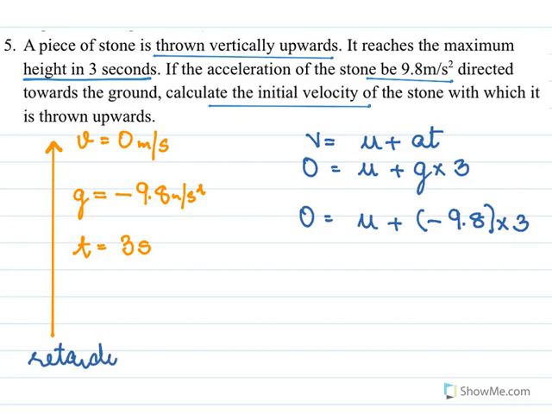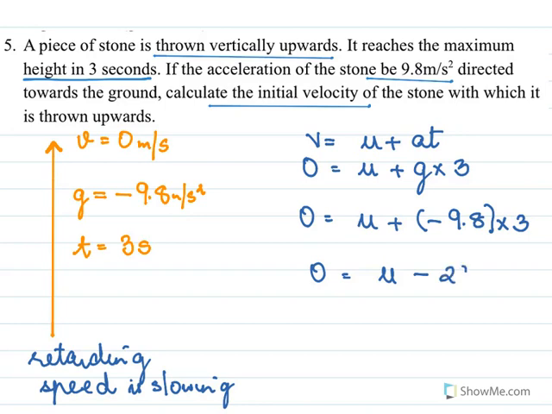This body is retarding, which means the speed is slowing down. For a rising body, the speed is slowing down. It goes slowly, it stops, and then it returns. So 0 equal to U minus 29.4.